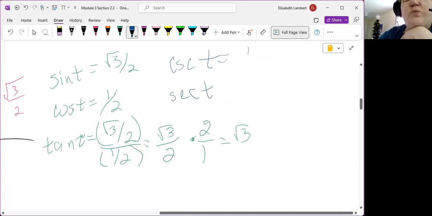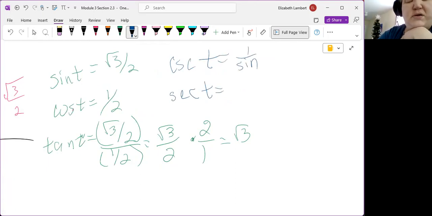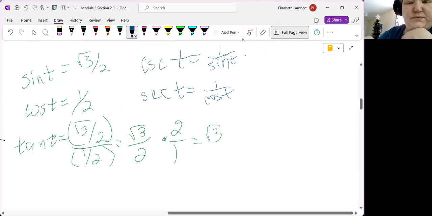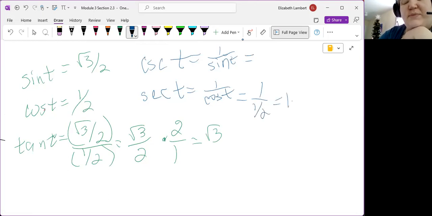So this is going to be 1 over the sine. This is going to be 1 over the cosine. So the secant, 1 over cosine, is 1 over a half, which is 1 times 2 over 1 multiplied by the reciprocal. So the secant there is just 2.